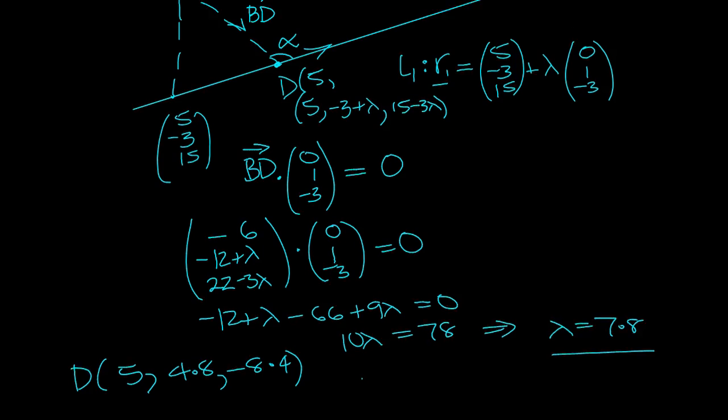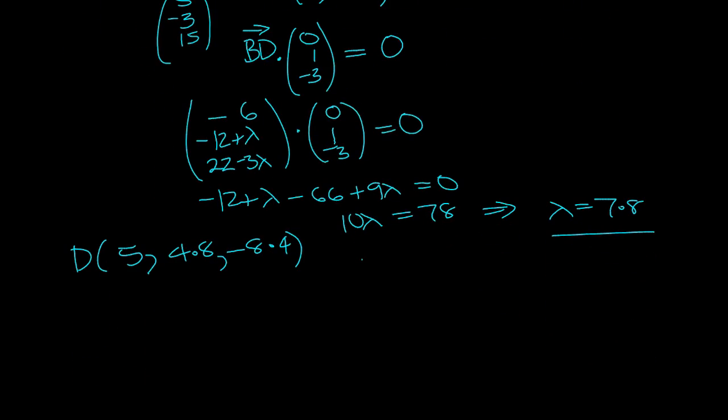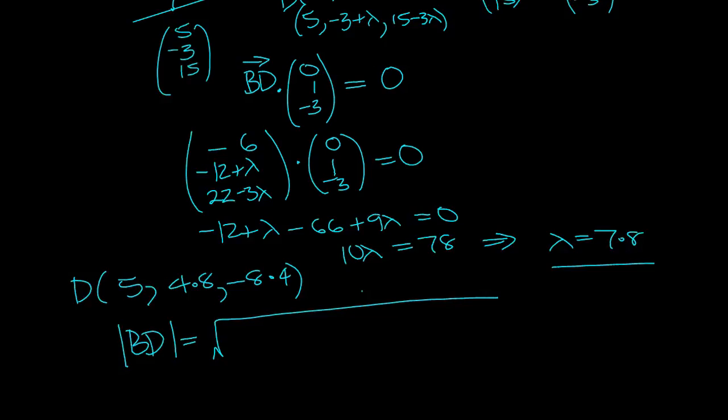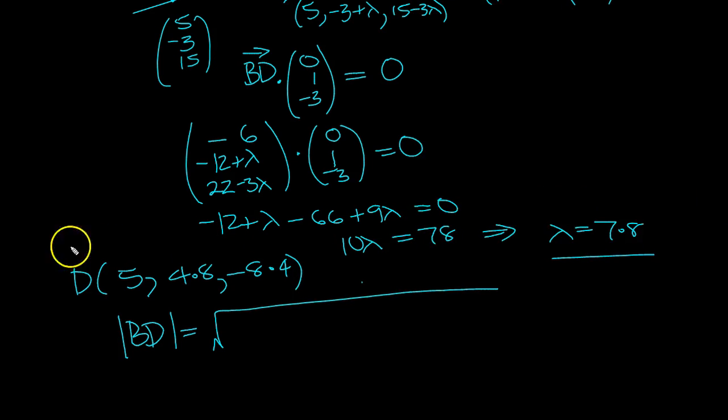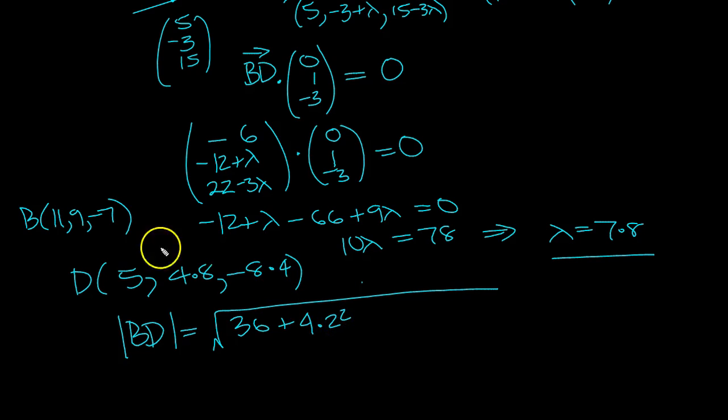So then the distance will be BD then, square root of, B has coordinates 11, 9, minus 7. So it'll be 6 squared is 36, 4.8 to 9 is 4.2, and then this distance is 1.4, isn't it?